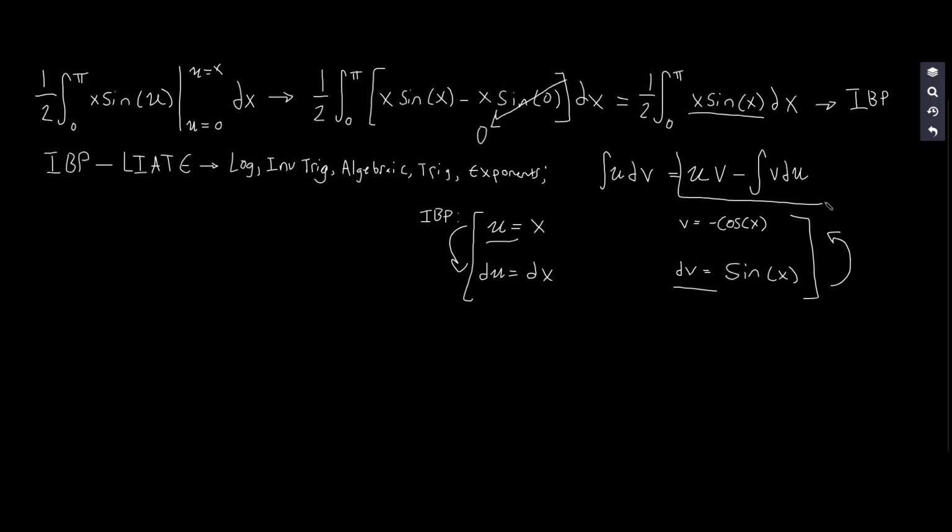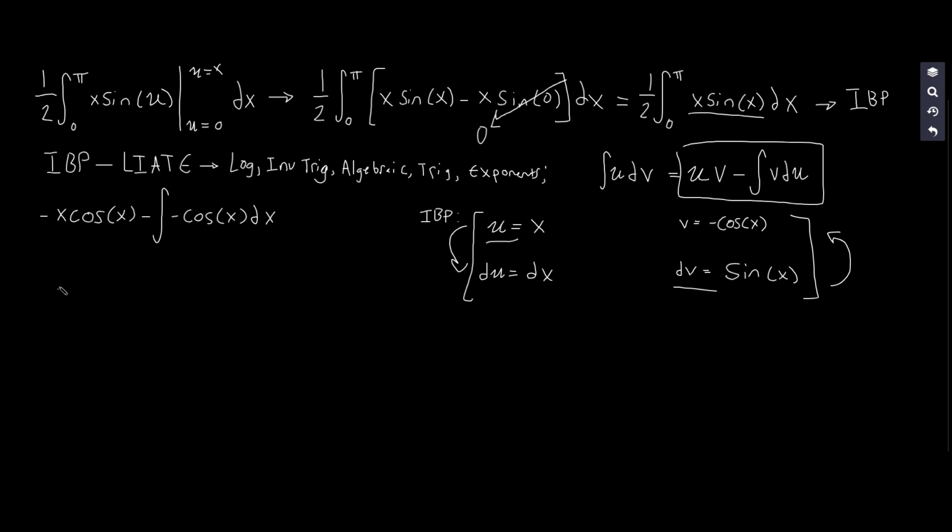So it's going to be x times negative cosine, which is going to be negative x cosine of x, minus our other integral, which is v with respect to u, which is negative cosine of x dx. Oh yes, we like that. We like that a lot.